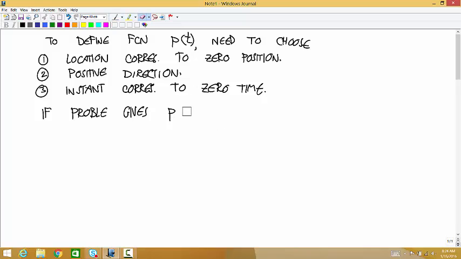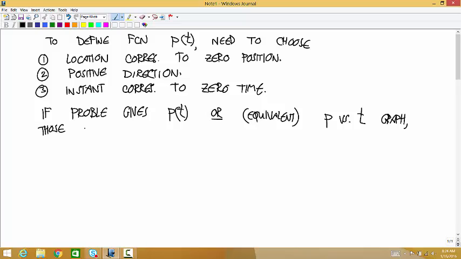If the problem gives position as a function of time, or equivalently, a p versus t graph, those choices have already been made.